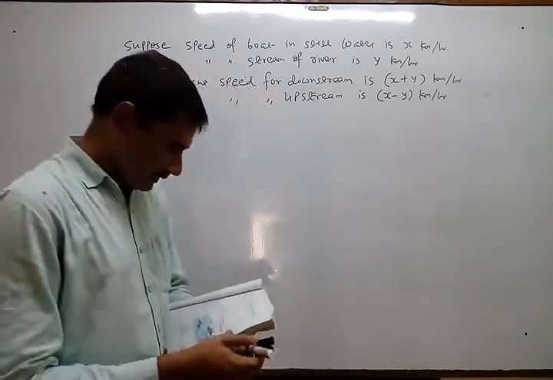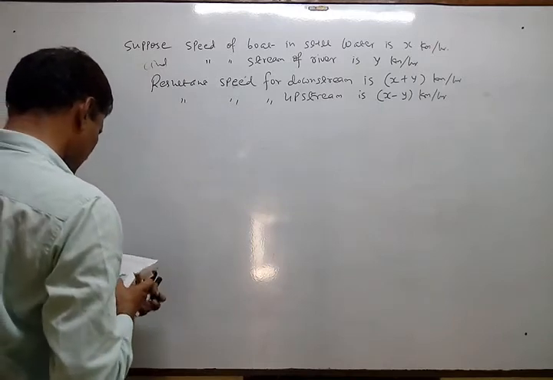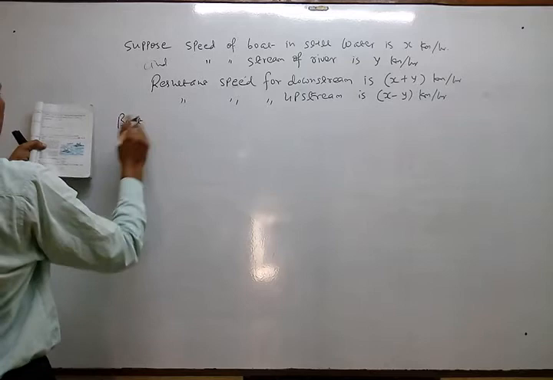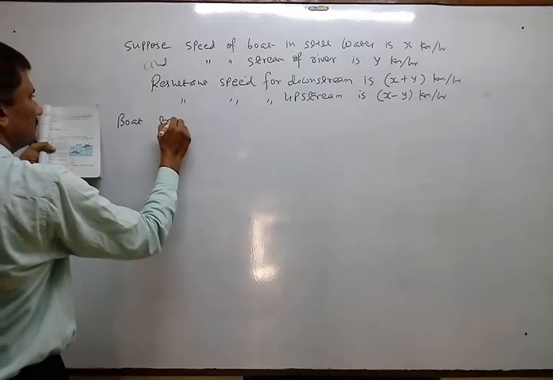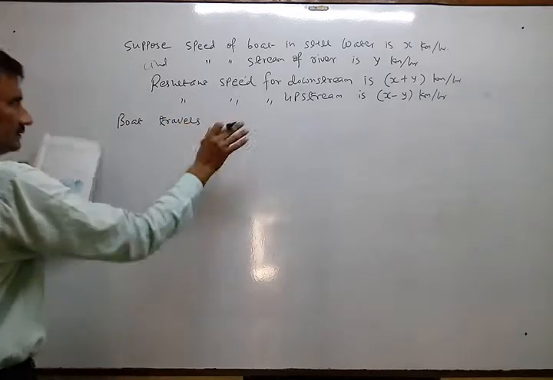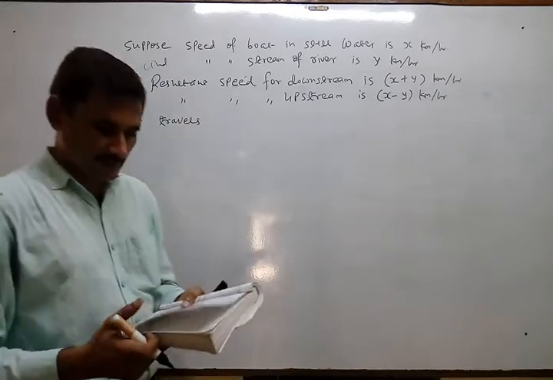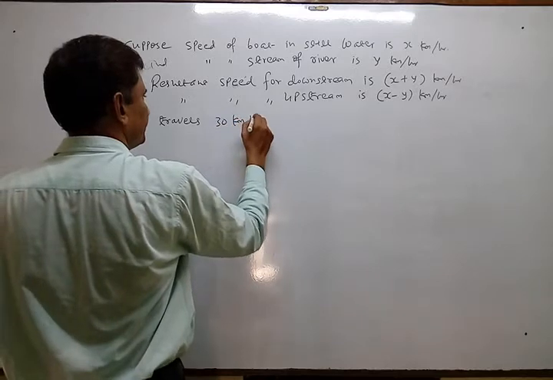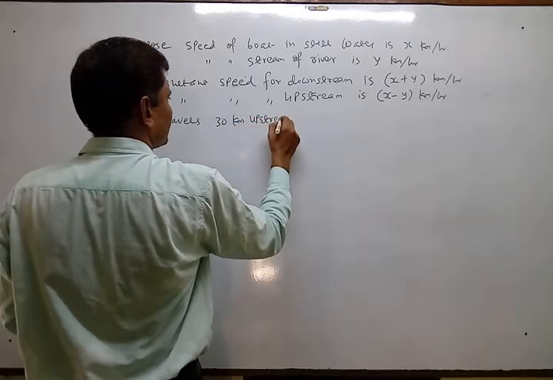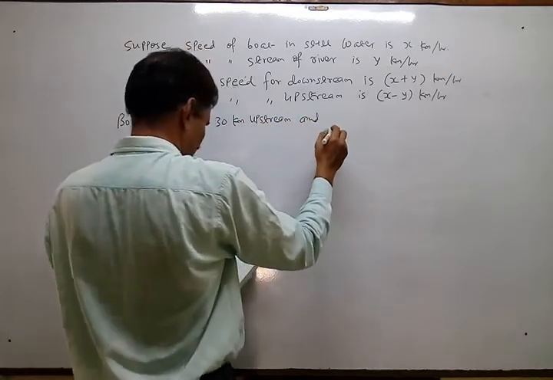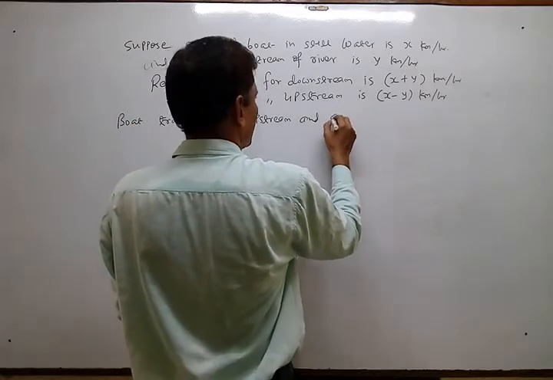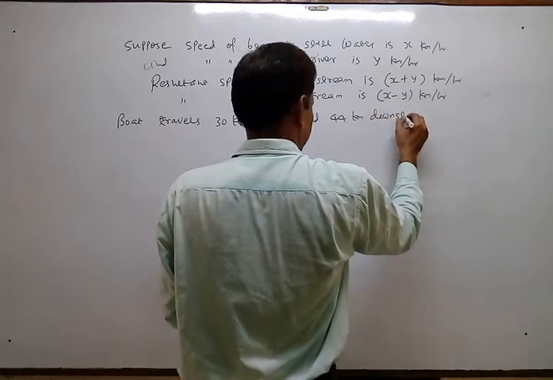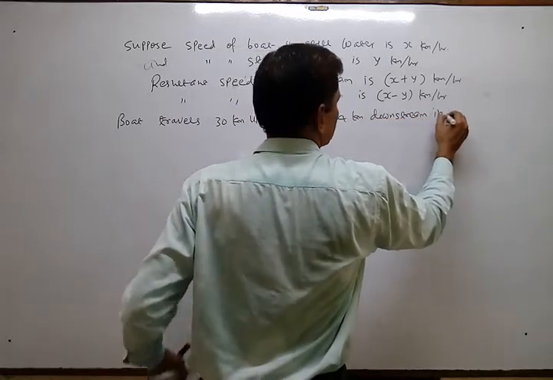First of all, that statement: the boat travels, according to our way we are writing that statement, the boat travels 30 km upstream and 44 km downstream in 10 hours.